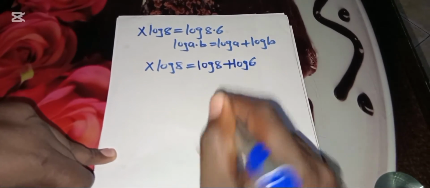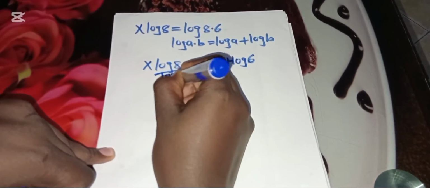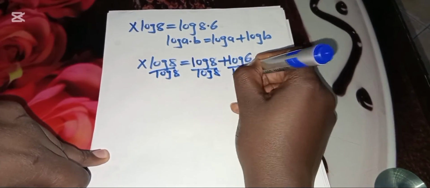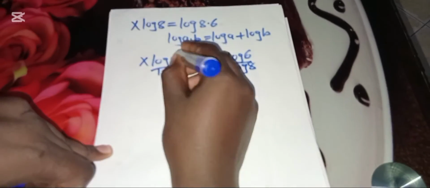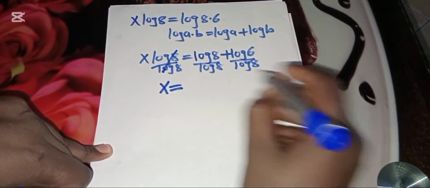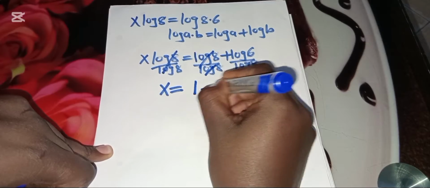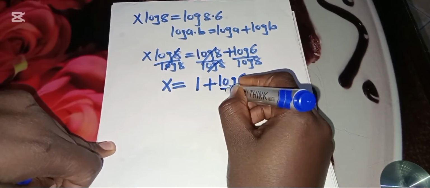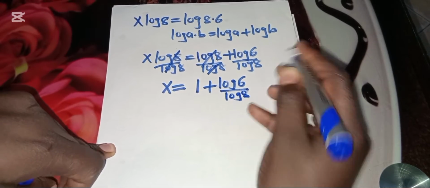So we divide both sides by log 8, so that now we're going to have x equal to 1 plus log 6 divided by log 8.